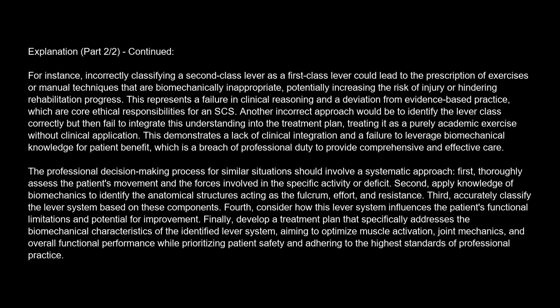Fourth, consider how this lever system influences the patient's functional limitations and potential for improvement. Finally, develop a treatment plan that specifically addresses the biomechanical characteristics of the identified lever system, aiming to optimize muscle activation, joint mechanics, and overall functional performance while prioritizing patient safety and adhering to the highest standards of professional practice.